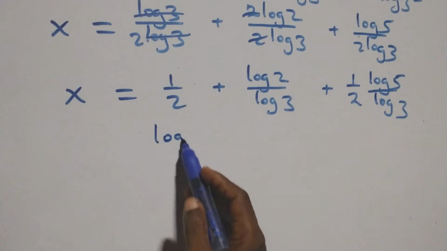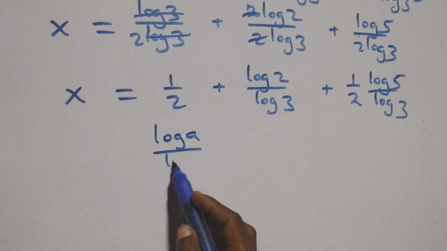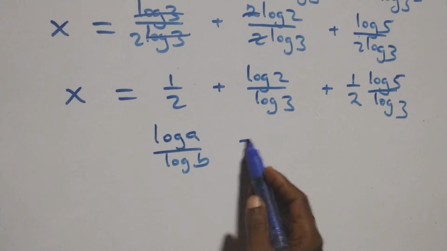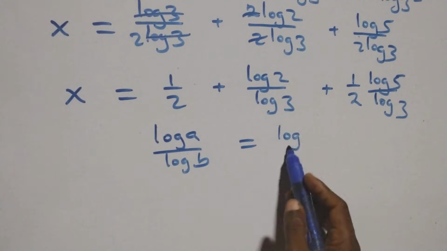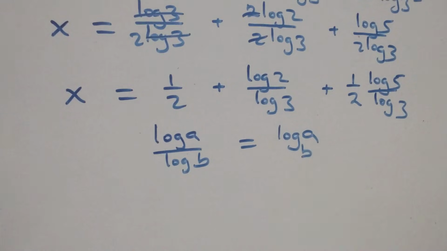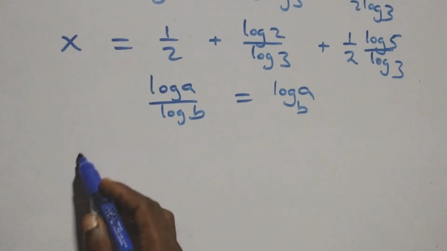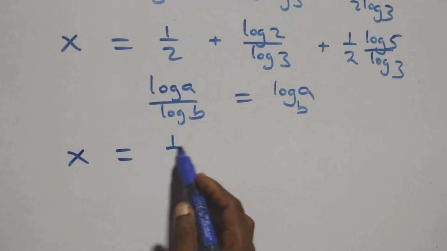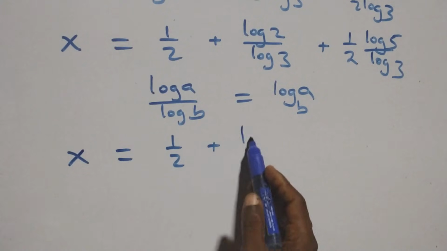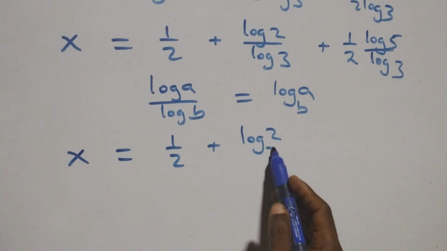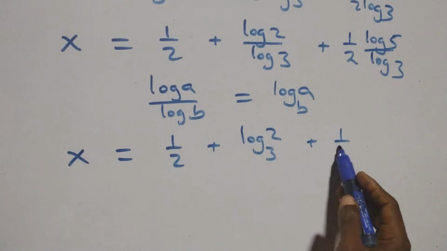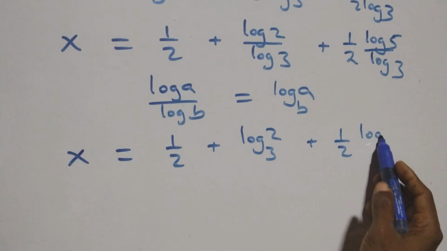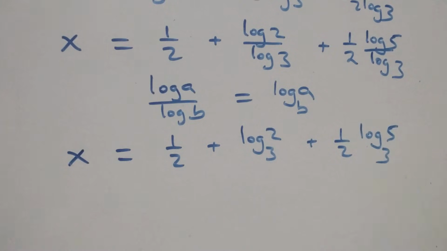When we have log a over log b, this is the same thing as log a to base b. As this here we have x equals to 1 over 2 plus log 2 base 3 plus 1 over 2 times log 5 base 3.